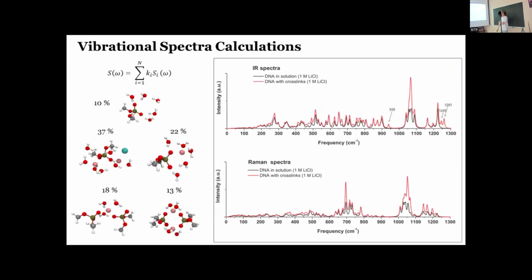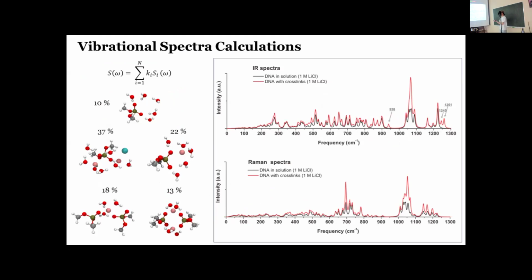To determine whether this crosslink can be detected experimentally, we also calculated the vibrational spectra. We calculated both the infrared and the Raman spectra for all the complexes that I showed before.